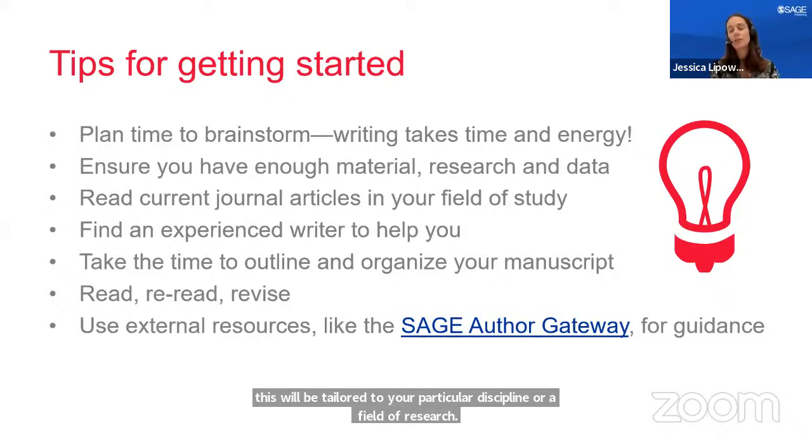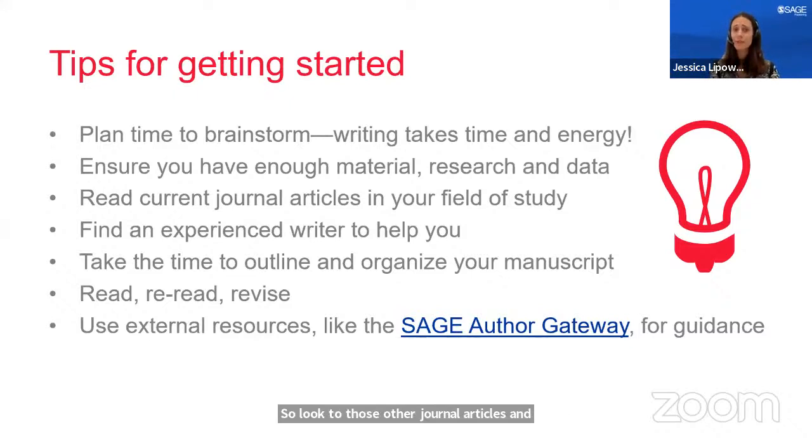So look to those other journal articles in your field of study. Perhaps find an experienced writer or a mentor to help you with this. We have a future webinar on mentorship coming up. And then take time to provide an outline and organize your manuscript before you even get started.